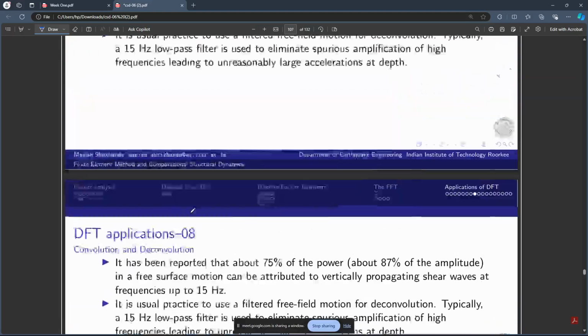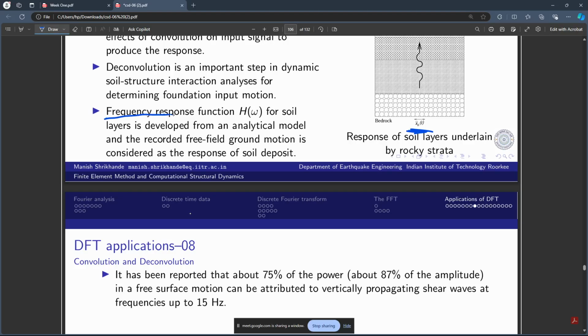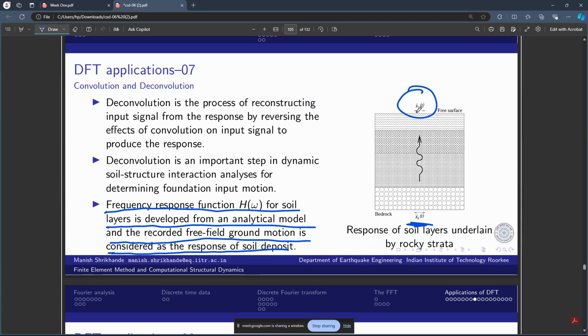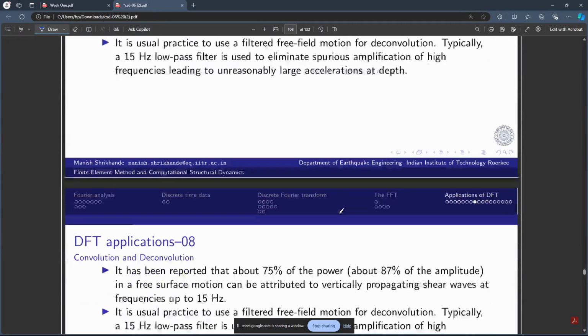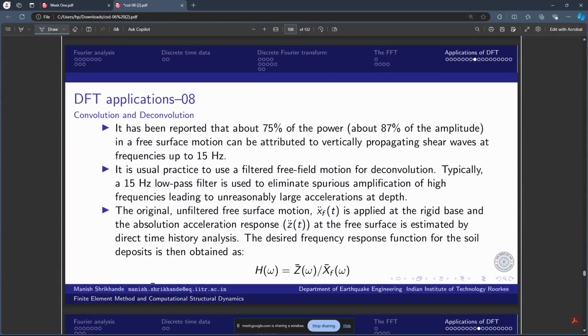So you need to obtain the H omega function, because the frequency response function for the soil layers is developed from an analytical model, and the recorded free field ground motion is considered as the response of the soil deposit. Whatever acceleration you are getting here is your response of the soil deposit. Here it has been given how you are going to evaluate H omega.